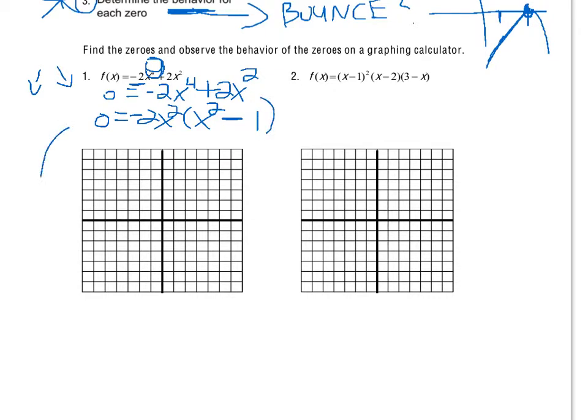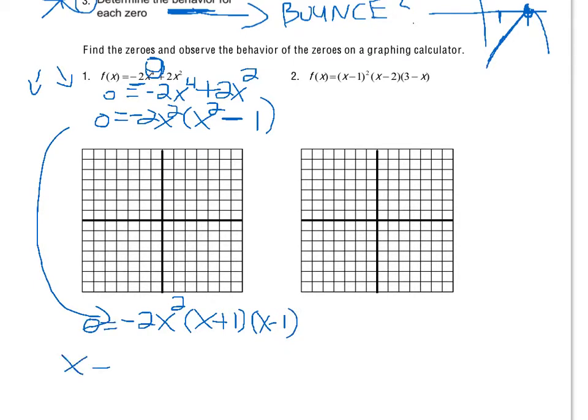Continuing down here, you have negative 2x squared times x squared minus 1. That factors as a difference of 2 squares: x plus 1 and x minus 1. If this is equal to 0, I'm going to have 3 zeros.